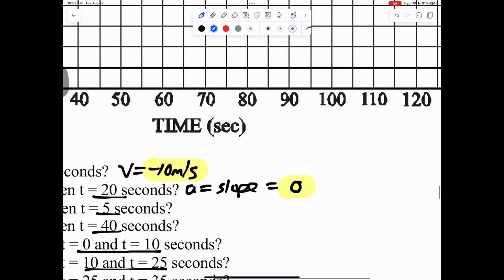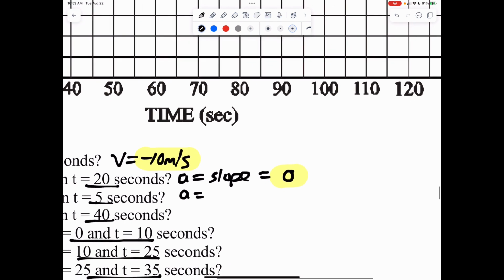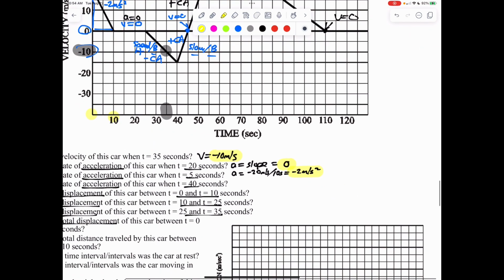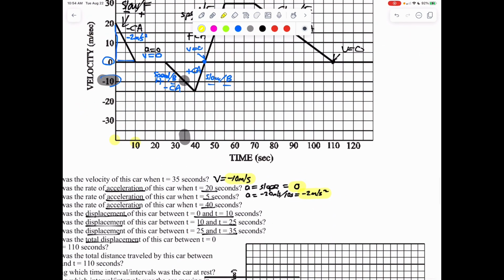So the acceleration for this part, again, equals slope, but we're going to write our rise and our run. So negative 20 meters per second over 10 seconds gives us negative 2 meters per second squared. There is some work required for you to show, but it's pretty minimal work. We're just showing a quick substitution into slope or area.